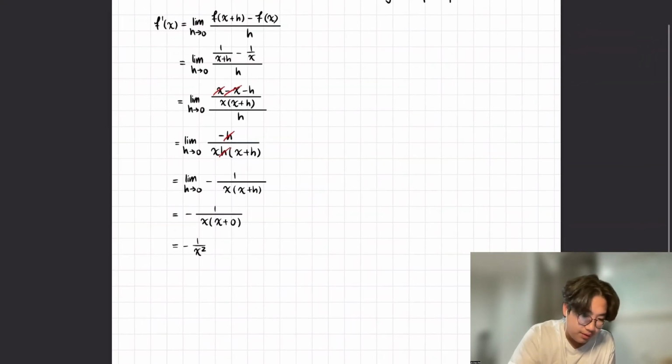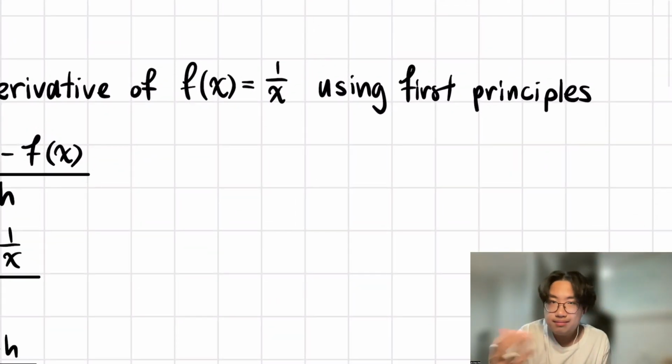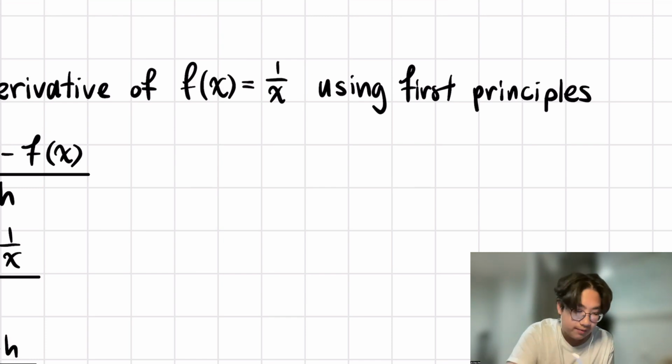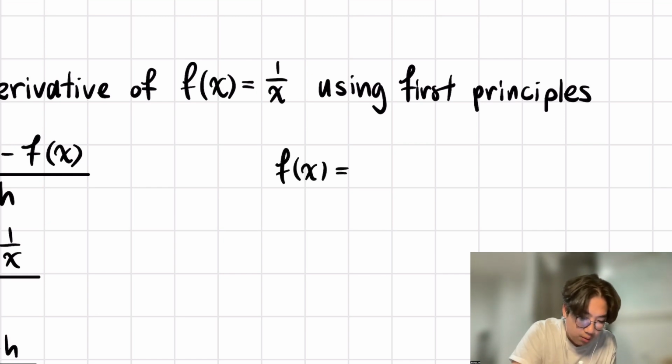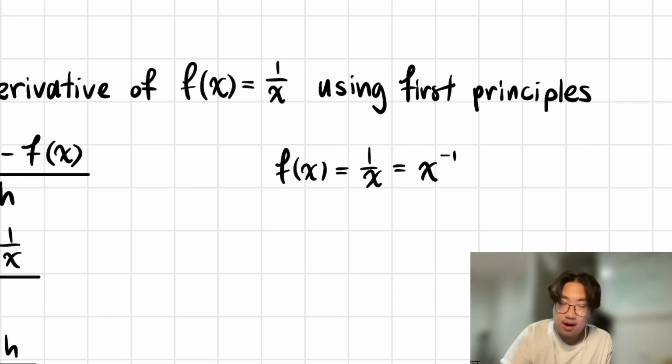And as usual, if we use the power rule, quotient rule, product rule, anything we do know in terms of derivative rules, you can also verify that this is indeed correct. So if you had f of x is equal to 1 over x, which is again the same thing as x to the negative 1, you can then apply the power rule.